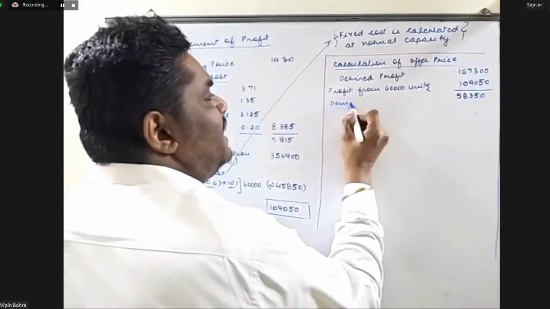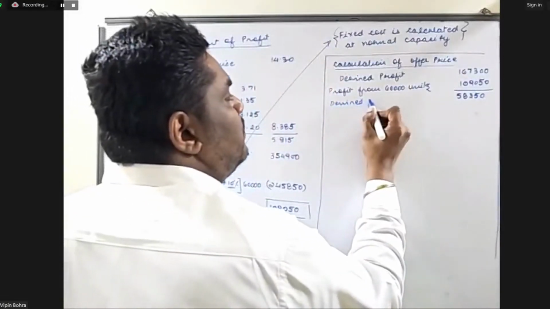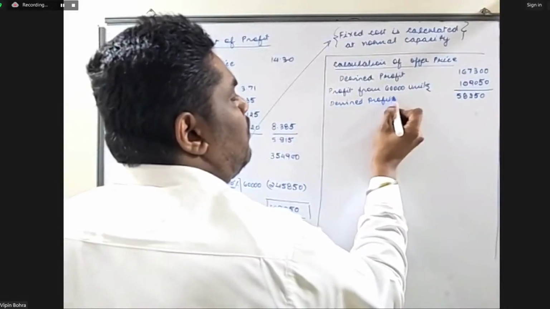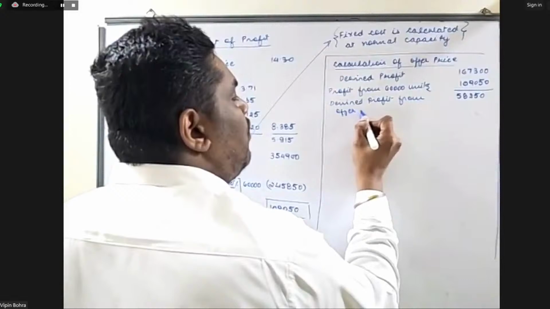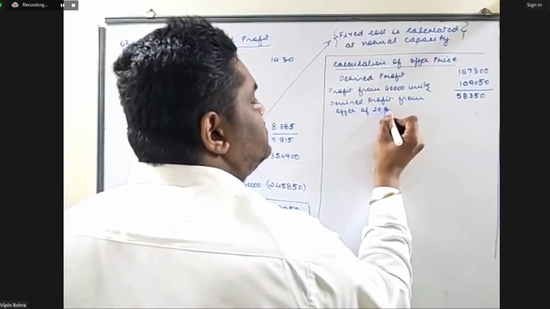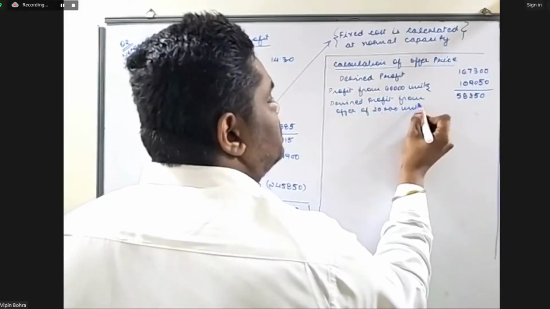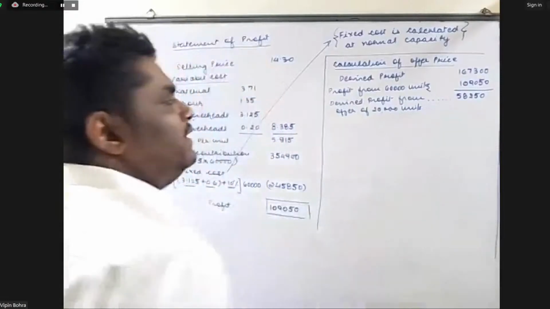So we can say desired profit from the offer of 20,000 units is 58,250.